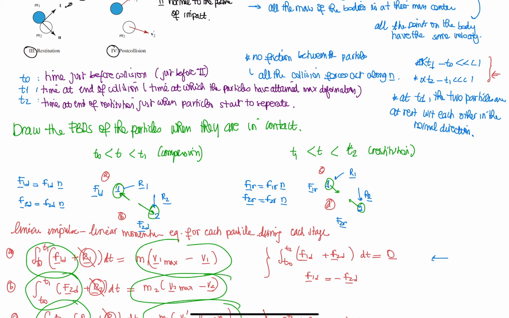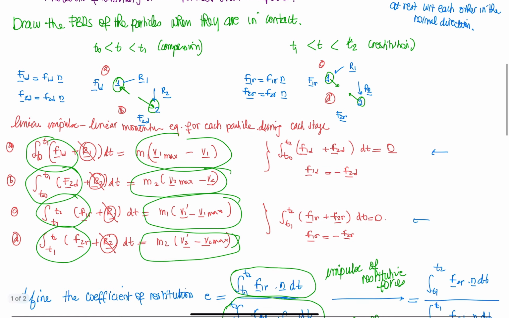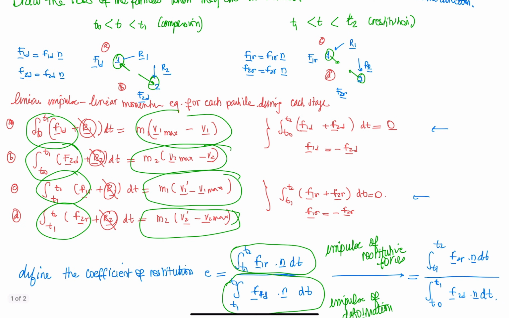So along n, when they're both reaching maximum deformation, at this instant they're not moving with respect to each other. They're no longer approaching each other, not yet going away from each other. Along n, they have the same velocity, which means that v1 max and v2 max are basically equal.